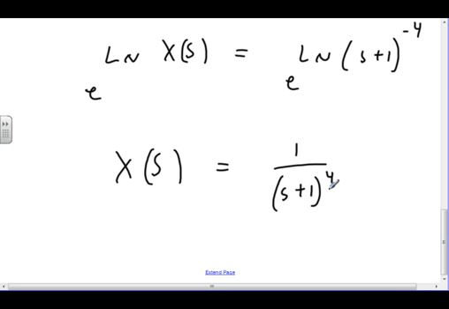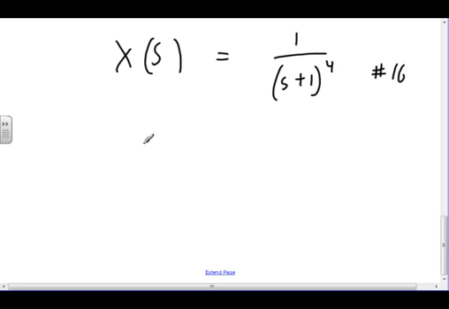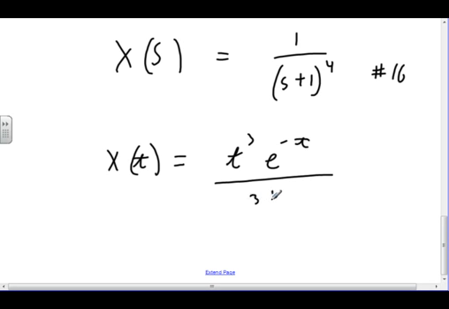Oh, yeah. Tell me I got that in my Laplace transform table. Yes, I do. Number 16 in my Laplace transform table says x of t equals t to the n minus 1, so t cubed e to the minus t divided by 3 factorial.